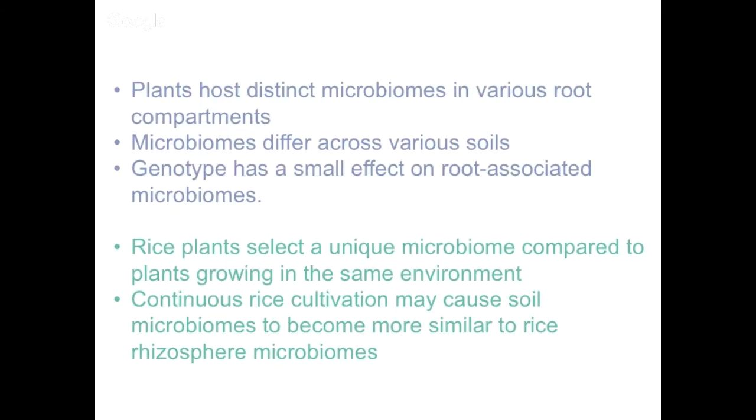Within species, genotype variation has a very small effect on the root-associated microbiomes. But once you start looking at microbiomes outside of that species, you can find larger differences. And continuous cultivation may actually domesticate the microbiome of that field.